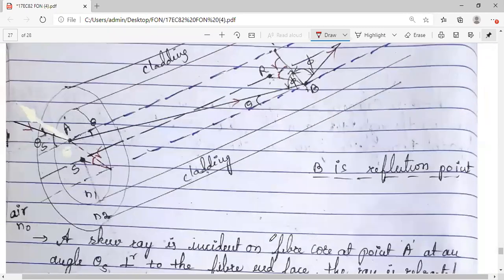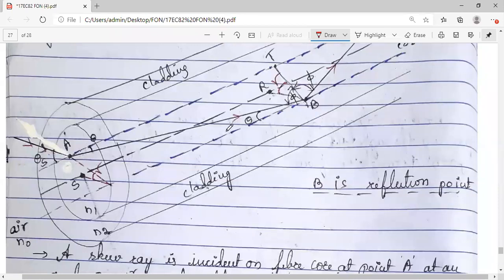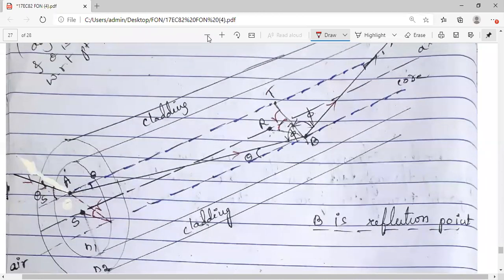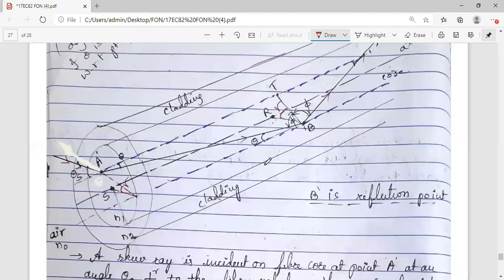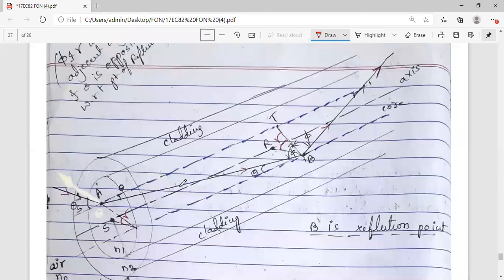If you see, I hope it is clearly visible to all of you. Let me just zoom out a little. Okay, now it is completely visible. So this is air from where the light rays, skew rays, are coming.